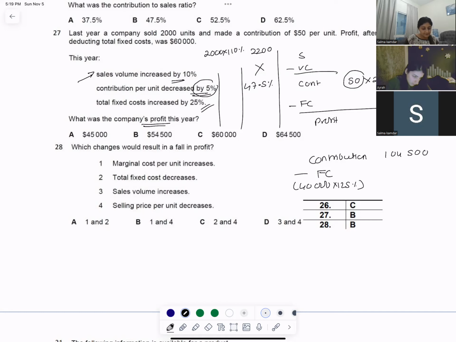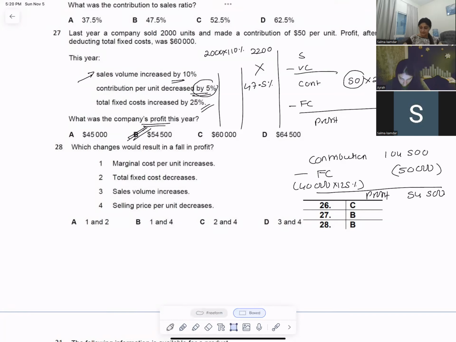Oh yeah, we found the fixed cost. So 50,000. So what is the profit? 104,500 minus 50,000 will be 54,500. Profit is 54,500.